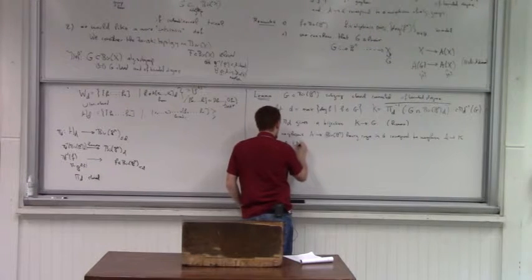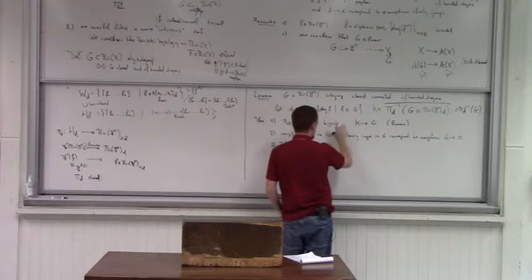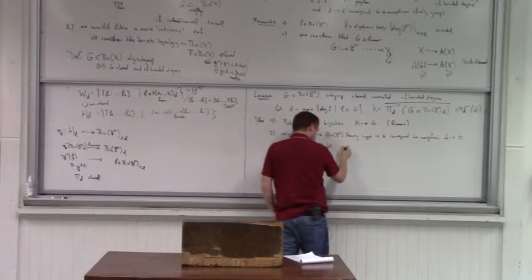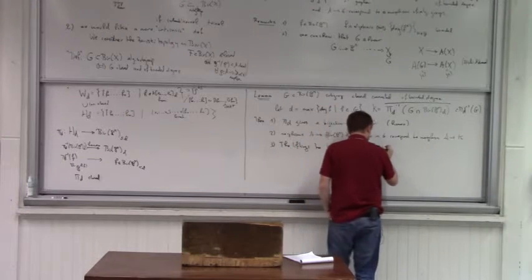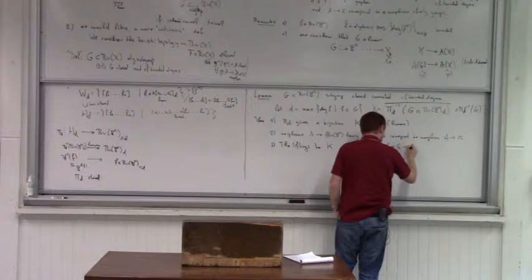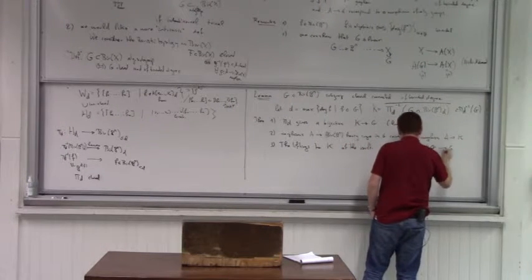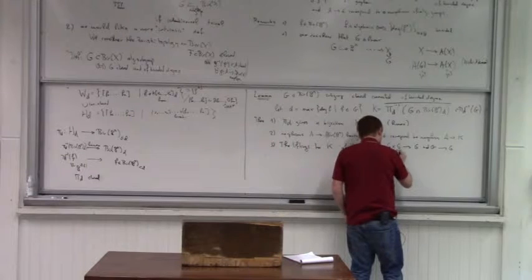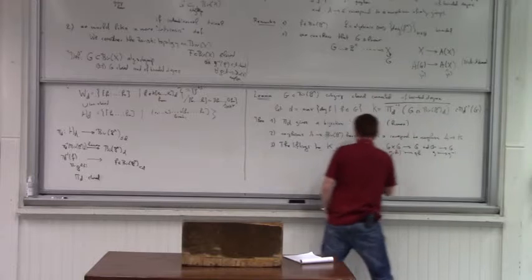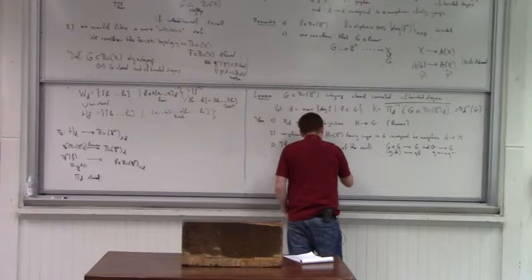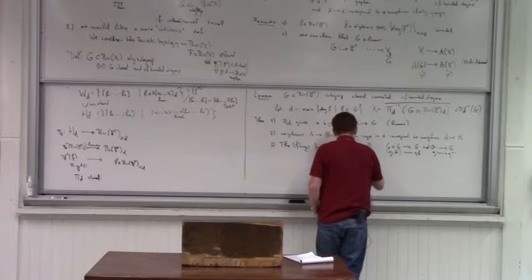And the last part is that the liftings to K, because this is a bijection, of the multiplication and inverse are morphism of algebraic varieties.